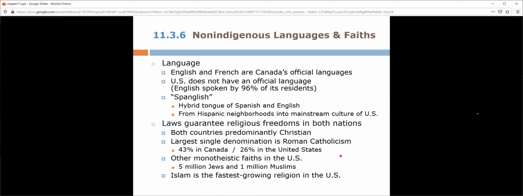Spanglish is, there's a lot of different, what's a good way to phrase this? There's a lot of different dialects through the United States, and they sort of take bits and pieces from other languages, such as Spanglish, a combination of Spanish and English, to create their own native tongues, right?